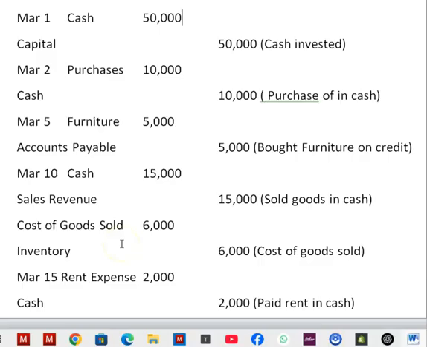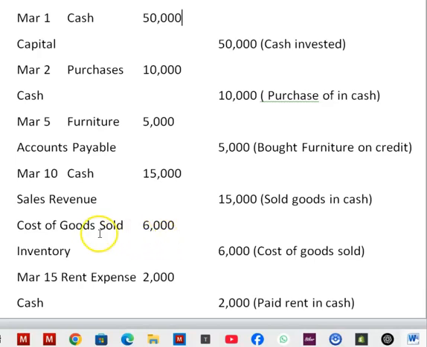Then the accompanying cost of sales for that particular sale. Remember, it was mentioned that the goods were sold for 15,000 naira and that the cost of goods sold of that same goods is 6,000 naira.